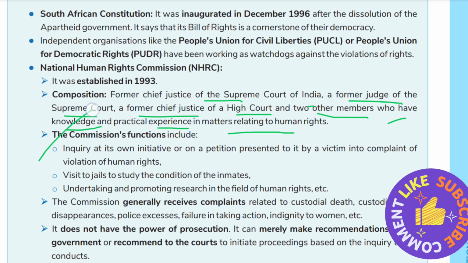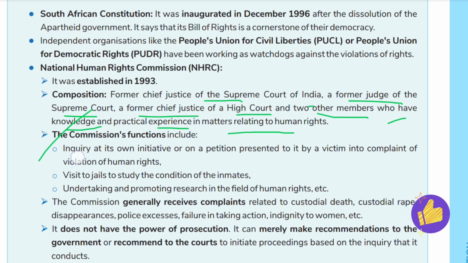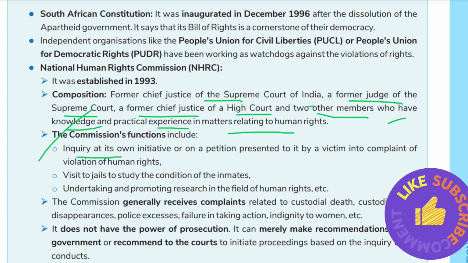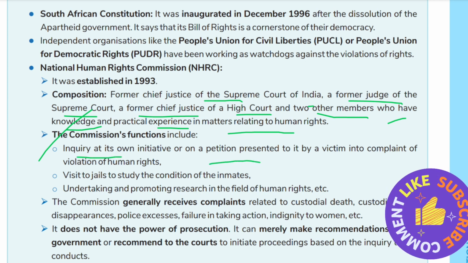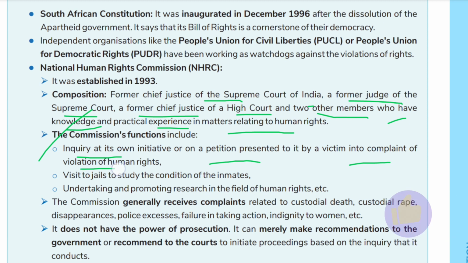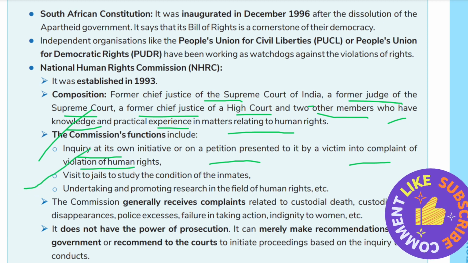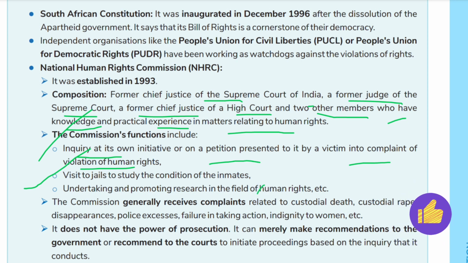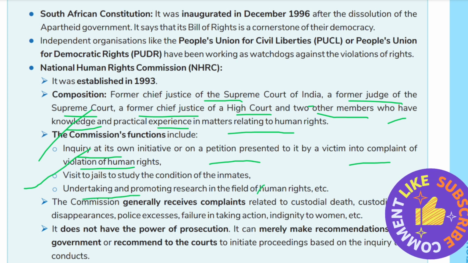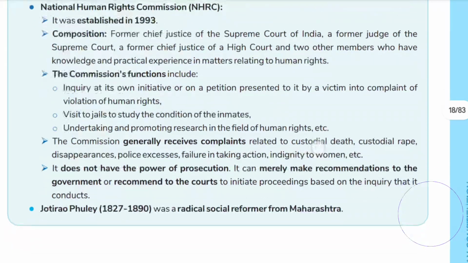So what do the Commission's functions include? First is inquiry, at its own initiative or on a petition presented to it by the victim, into complaints of violation of human rights. Secondly, it visits jails to study the condition of the inmates and undertakes promoting research in the field of human rights.